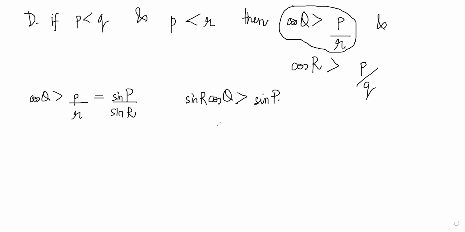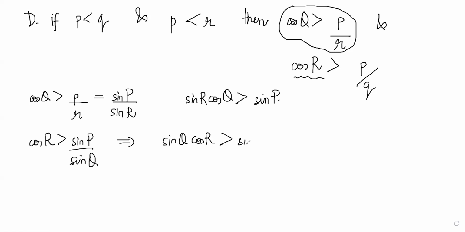Okay, sine R cos Q is greater than sine P. So what we can say here is, similarly, we can do this here. Cos R is greater than sine P by sine Q, and we can write it as sine Q cos R is greater than sine P, right?